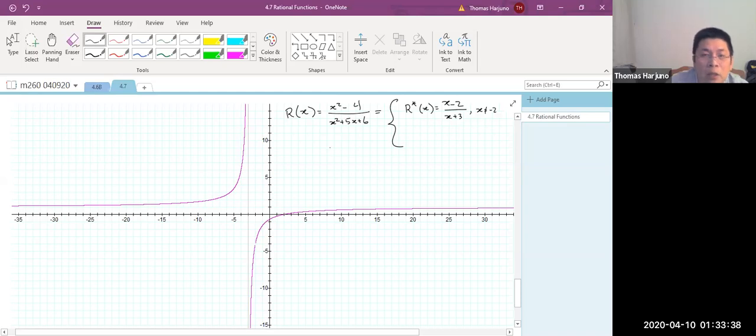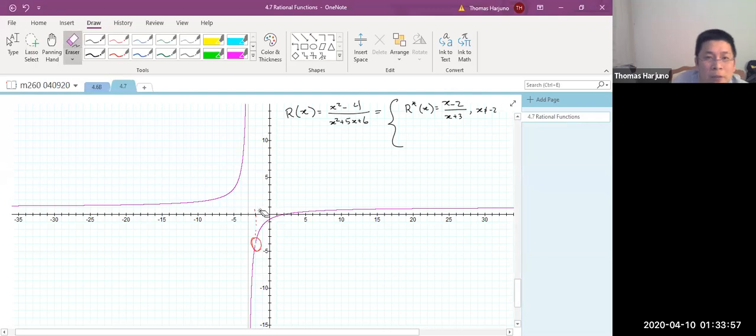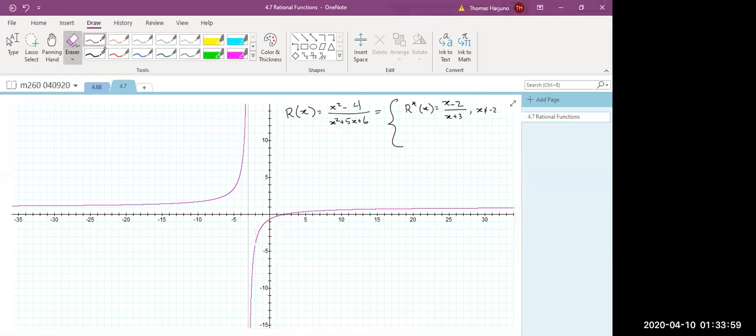Now let's see. When x equals -2, what happened to this graph? Do you see this thing here? There's something jumping. Oh, you don't call that a cusp. You call that a hole.